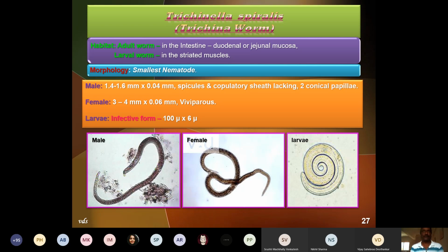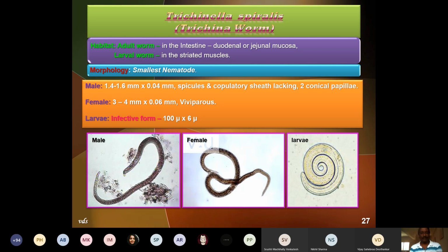No terminology is used to describe the larvae of this particular parasite, Trichina. This larval form is infective to man. It measures about 100 micron by 6 micron in size. So in the lower figures, you are observing the male parasite, the female parasite, and the larvae.